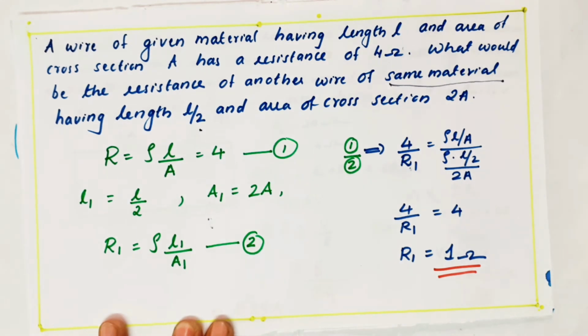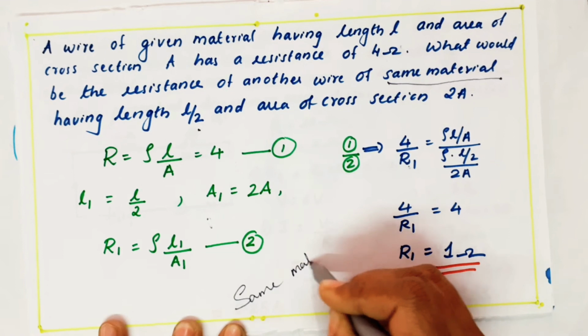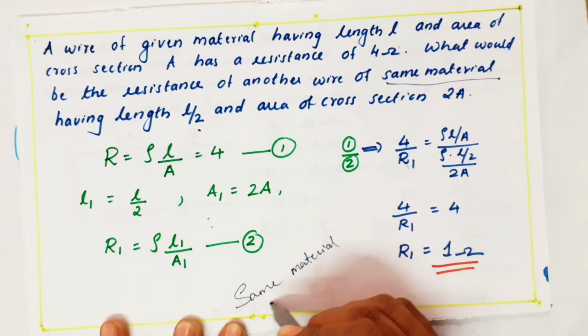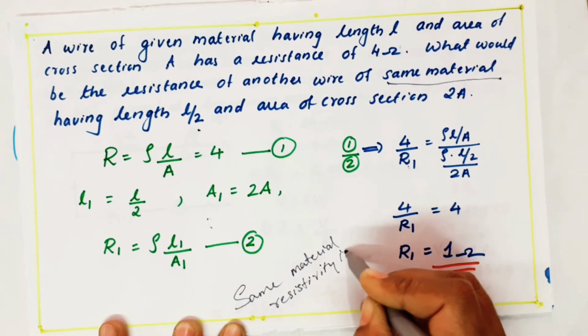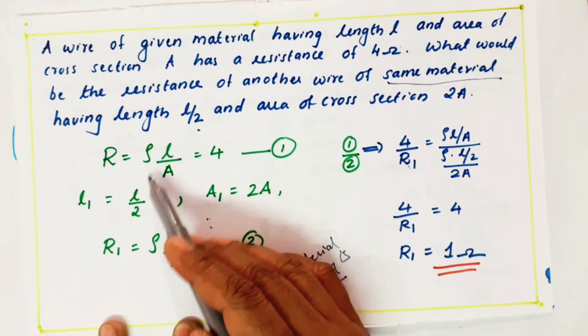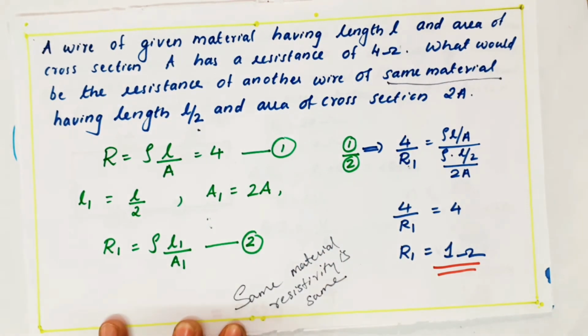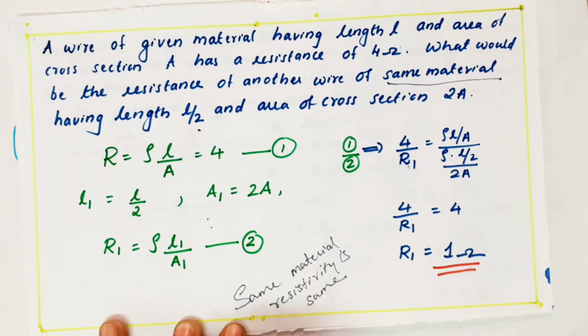Very important hint in the question is that same material means resistivity is the same. So I can take it here, R equals rho L by A is your standard equation to find resistance. This they gave as 4 ohm.